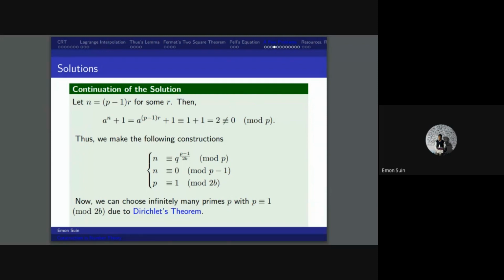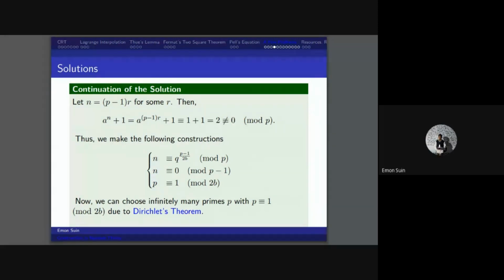So everyone understood what the statement is, because otherwise I can say why p is congruent to 1 mod 2b will hold for infinitely many primes. Anurag, Niladri, Pranav, clear.